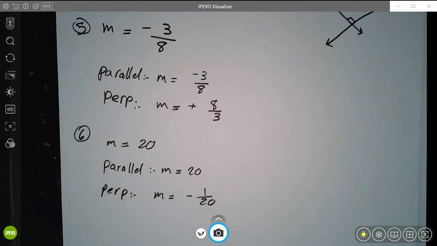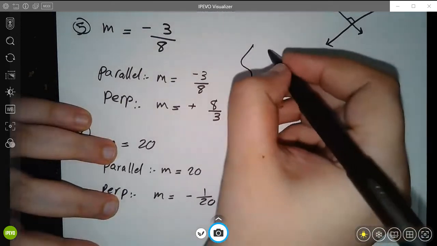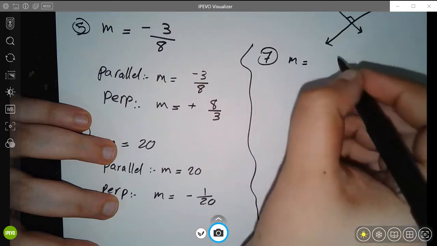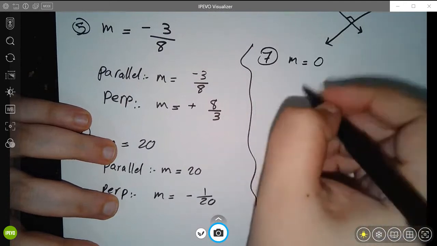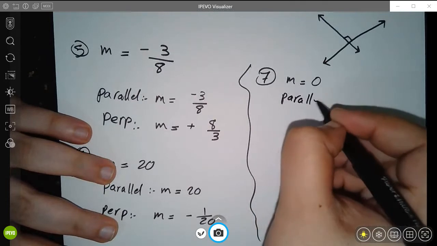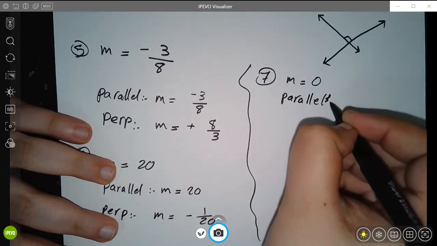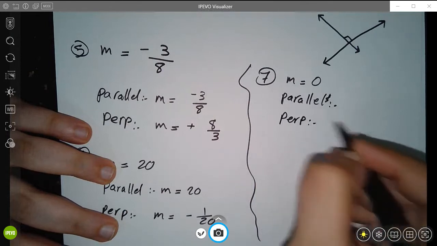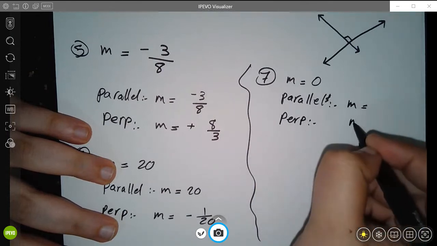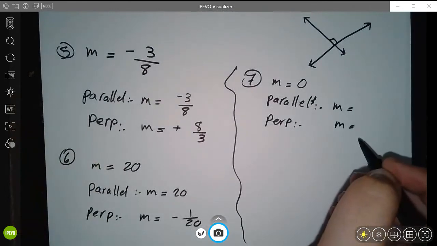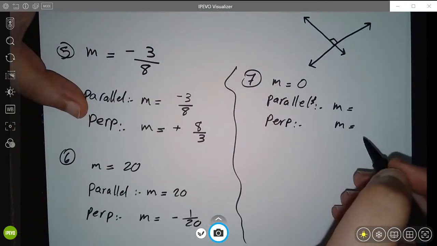Last one. And if you have the notes printed, you already know what the question is. And here's the fun part. This one is also worth 1 extra point on your test. Tell me what the slope is for these two. Parallel and the perpendicular when the slope is 0. First one gets it. 0 and, almost.